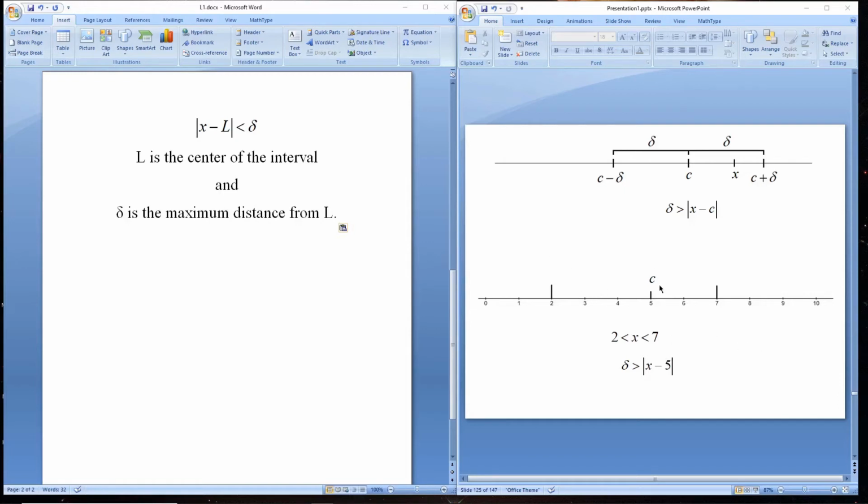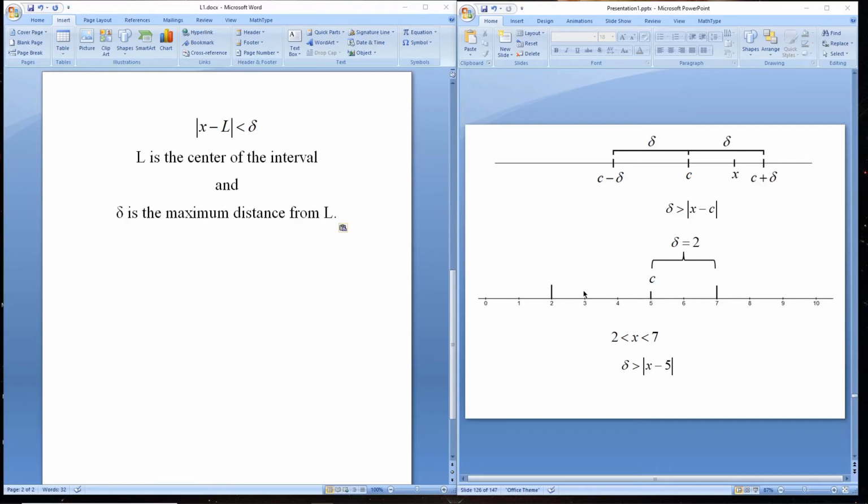And let's look at the number line. Remember, 5 is the center value. And if we look, the maximum distance we can go to the right is 2. And so delta must be 2 here. Now if we look at the left, if we see 5 to 2, we see this distance is 3.